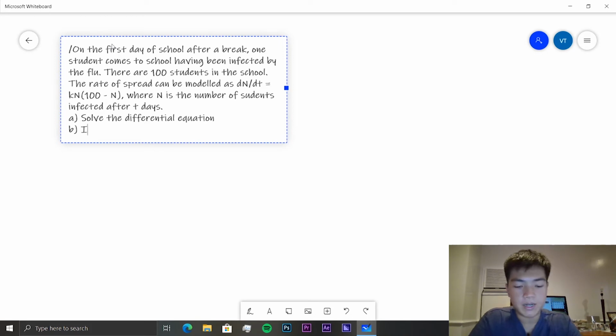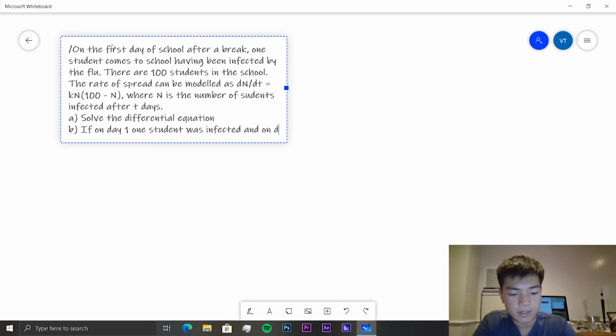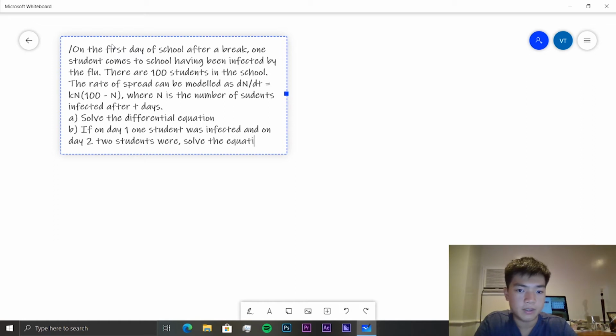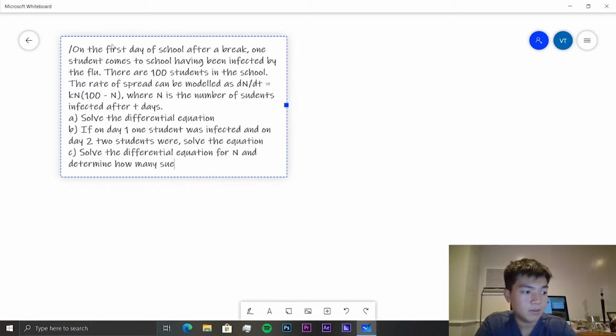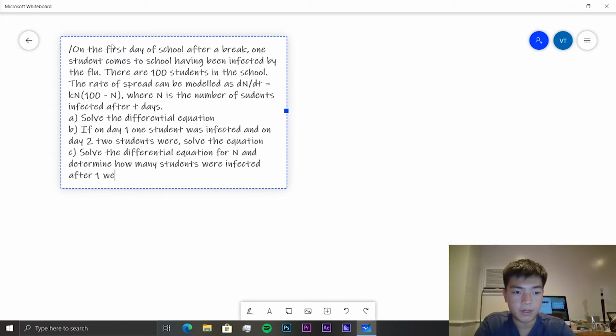If on day 1, 1 student was infected, and on day 2, 2 students were infected, solve the differential equation for n and determine how many students were infected after 1 week.